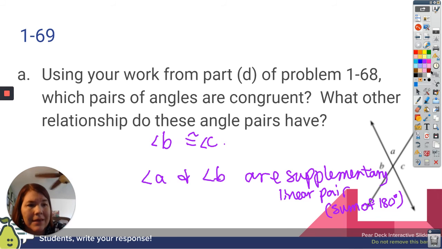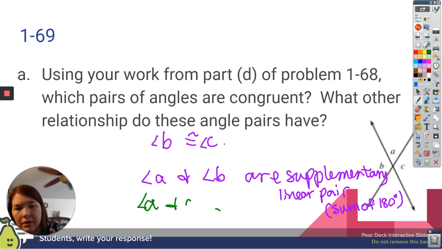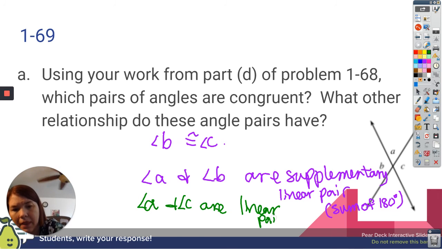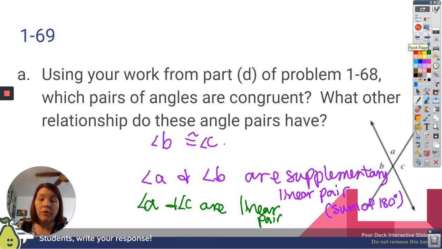Also, A and C are also linear pairs. Supplementary, add up to 180. So that's the relationships. B and C are congruent, they're the same measure, they're equal. A and B add up to 180, A and C add up to 180. Okay.